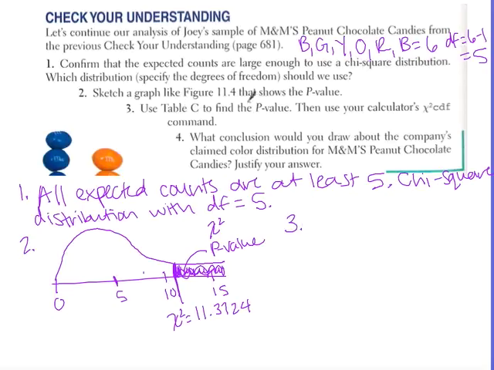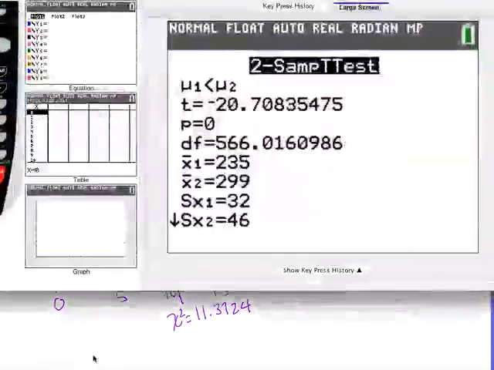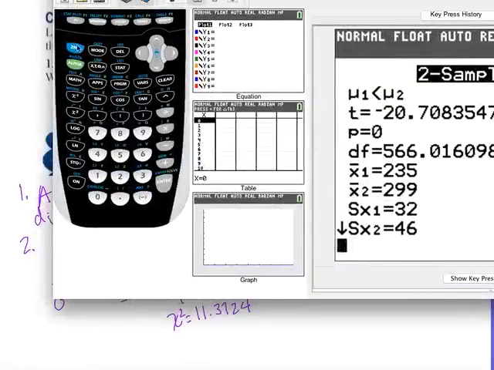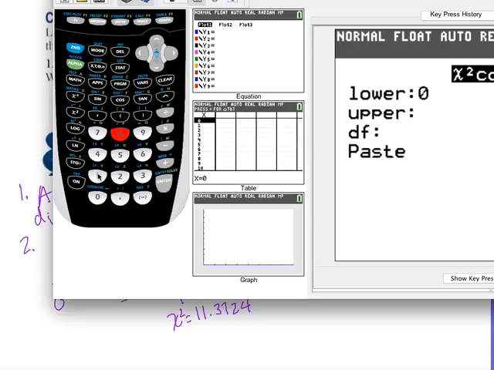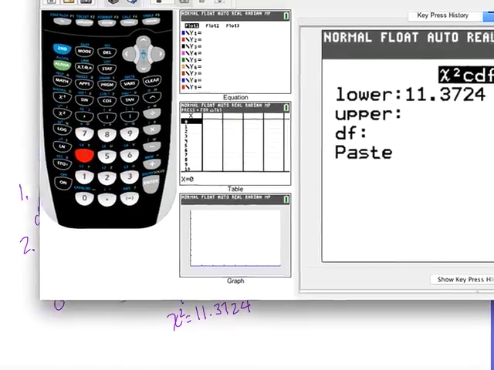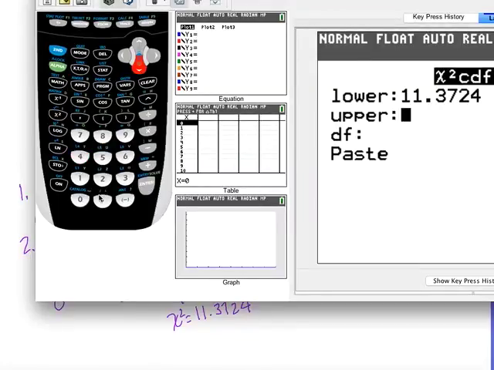Number 3 asks us to use table C to find the p-value, but we're just going to do it on the calculator for right now. So we're going to go to the calculator. We are going to go to second vars, and we're going to go to option 8, which is the chi-squared CDF. Our lower bound is going to be where our chi-squared was, 11.3724. Our upper bound is going to be infinity, so 1e99.